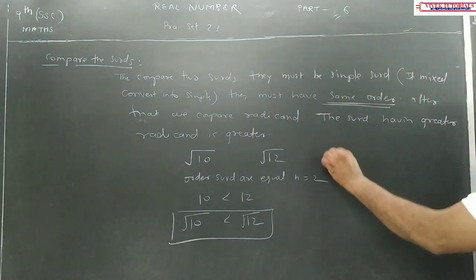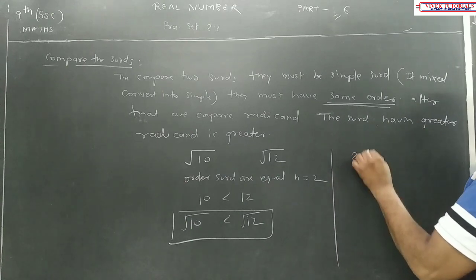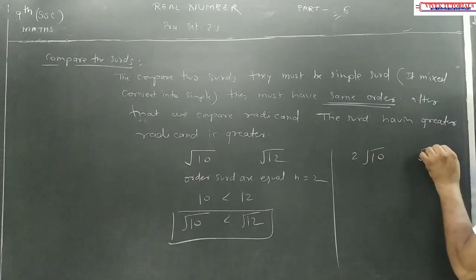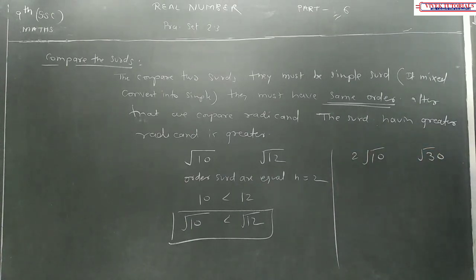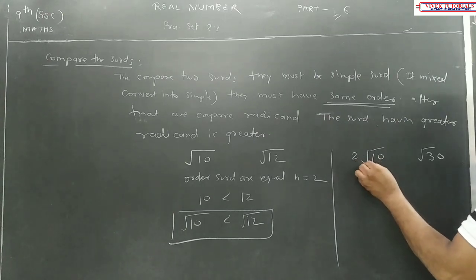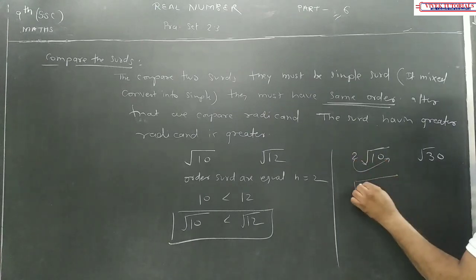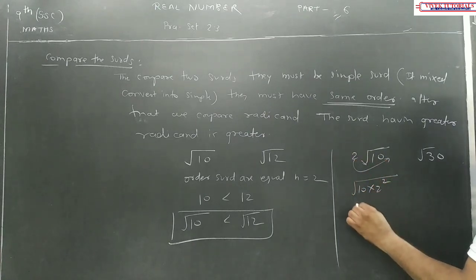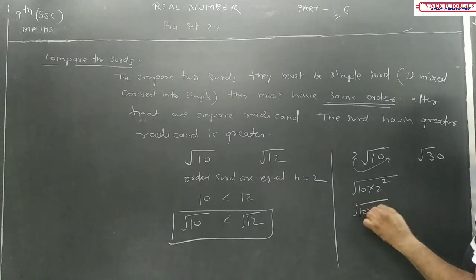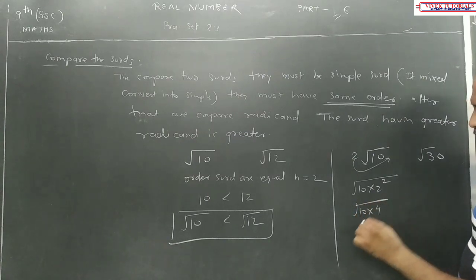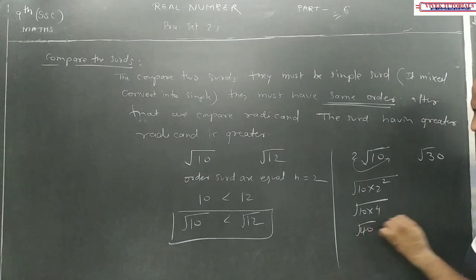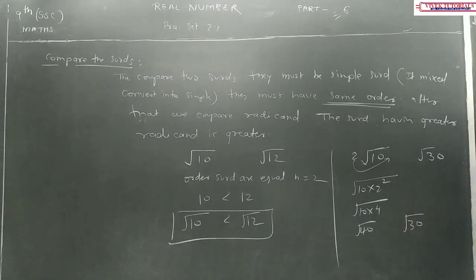Got it now? Suppose they are giving 2 root 10 and root 30. If you want to compare, it is a mixed surd. So first of all, the order is the same, so you are going to take it inside. How to take it inside? 10 into 2 square, that is equal to 10 into 4, that is 40, and root 30.